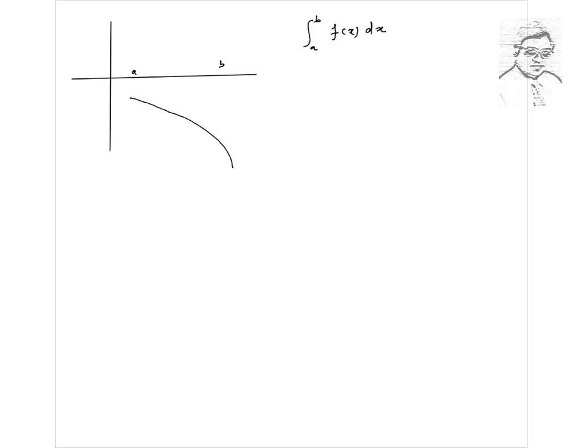So this formula is giving you algebraic area. If you want to give the answer for actual area, you can never give a negative answer.